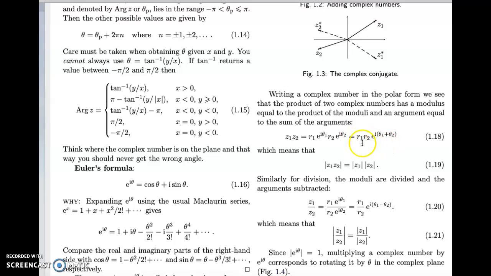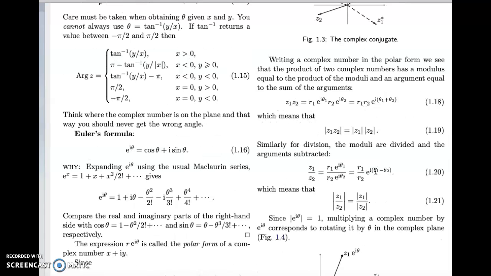And you're also changing its length, but essentially the operation of multiplying by a complex number is one of rotating by the argument. A consequence of this is that when you multiply complex numbers, the length of the product is equal to the product of the lengths.